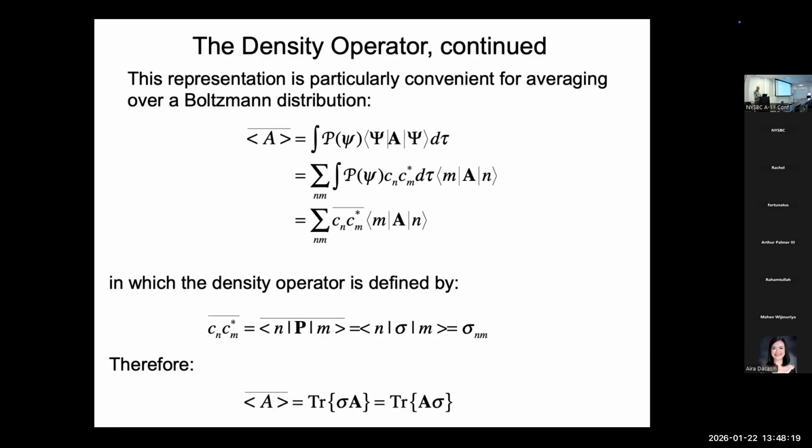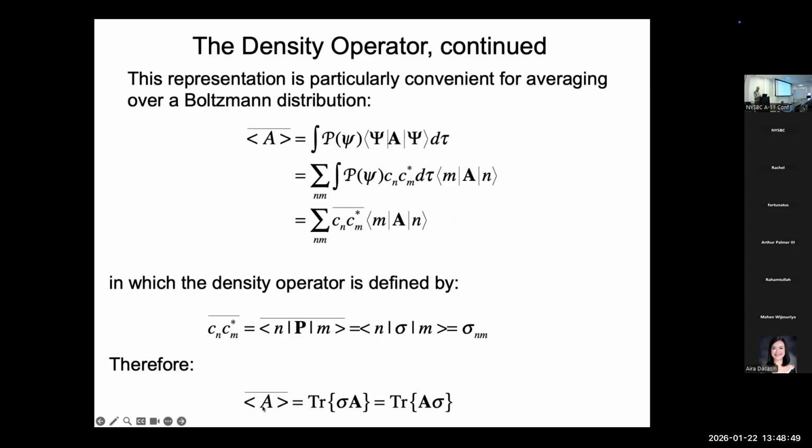And that means that this average just gets applied to the coefficients as shown here. And now I'm going to call the average of the coefficients, which is the average of this matrix representation of the projection operator, the density operator. And the density operator then has a matrix representation just like this.